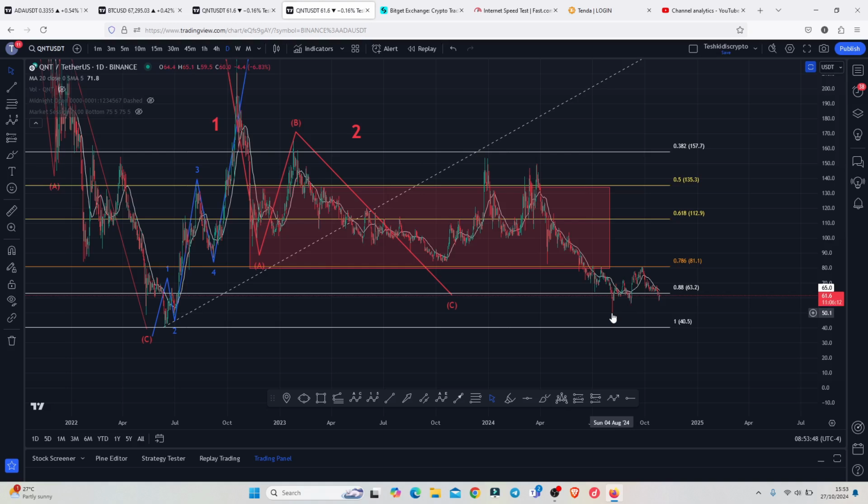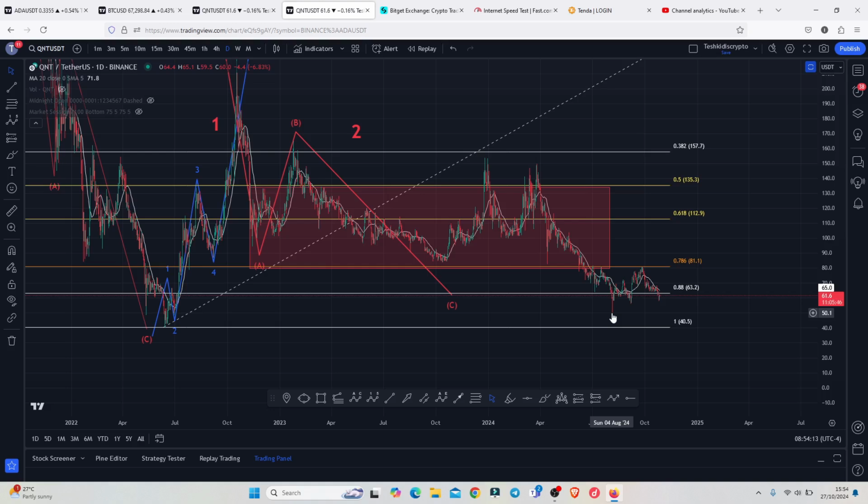And if by any chance we lose $50, then that will be increasing the likelihood that we are going to see a total breakdown move, giving us a reset of the bear market lows below the $40.5 in the next coming days. And that also means that we also have the risk of getting new bear market lows on the QNT chart in the next coming days.